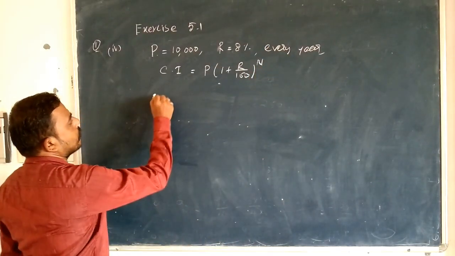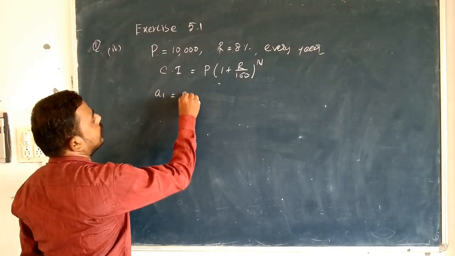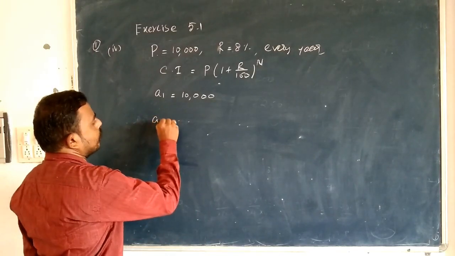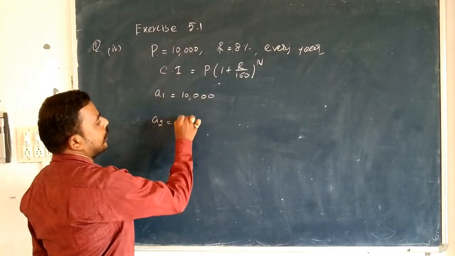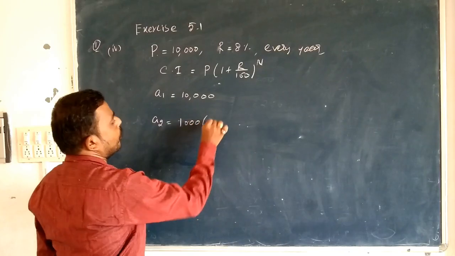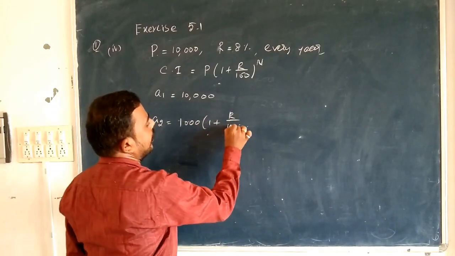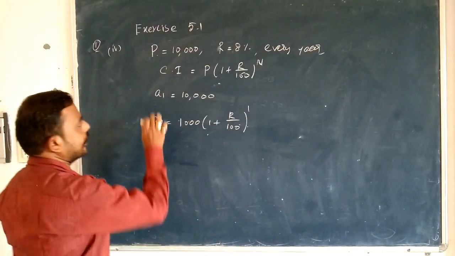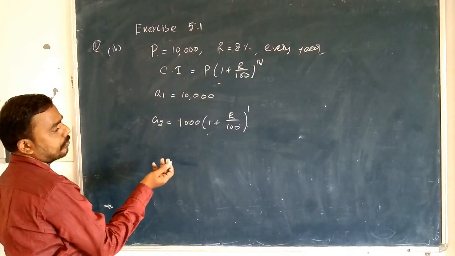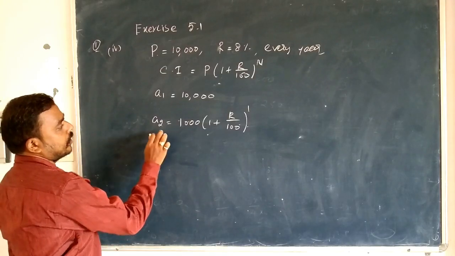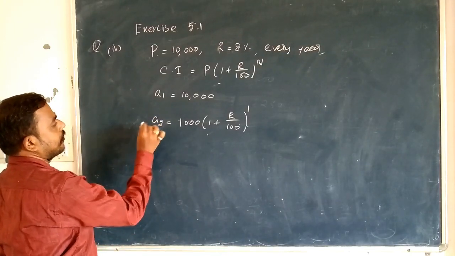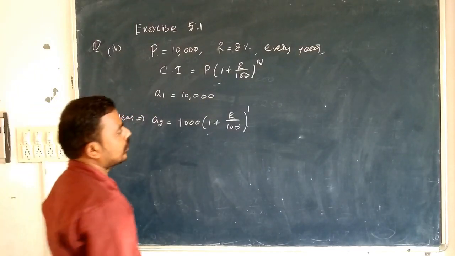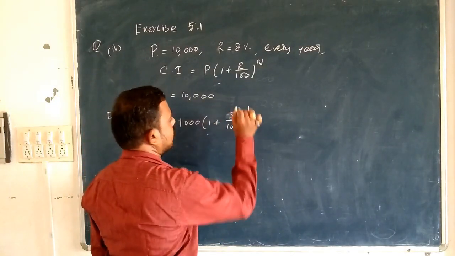Let A1 equal rupees 10,000 and A2 equal P into 1 plus R by 100 to the power of the first year. This is the starting amount, and for the first year we use the rate of interest. So this R is 8.